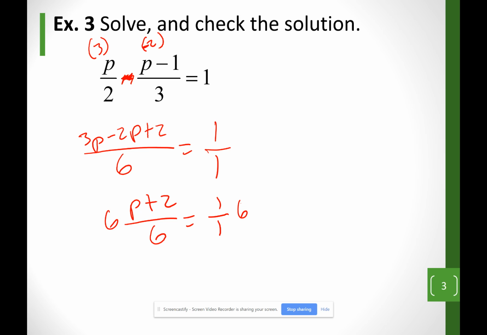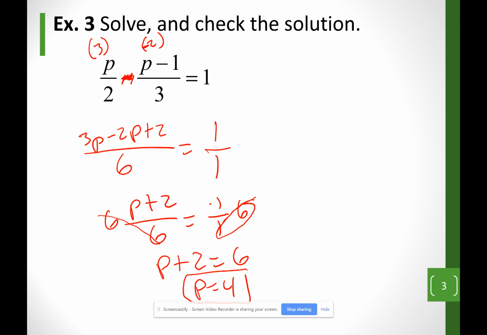Multiply everything by 6, because that way 6 divided by 6 is 1 times p. 6 divided by 6 is 1 times 2. 6 divided by 1 is 6 times the top. So I have p plus 2 is equal to 6. Then we can agree here that p is equal to 4. Right, subtract 2 from each side.